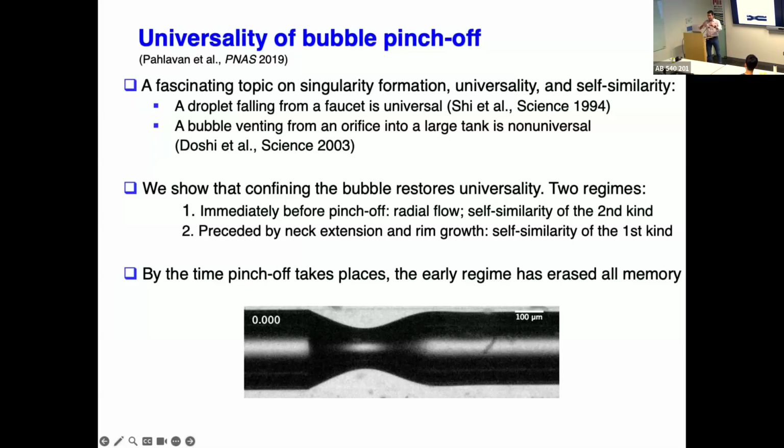This process of pinch-off undergoes two regimes that mathematicians call self-similarity of the first kind and self-similarity of the second kind. The self-similarity of the second kind is the one that remembers history, so it would lead to a non-universal pinch-off process. But because that is preceded by a regime of self-similarity of the first kind, which forgets the history and is independent of the initial conditions, all the history is forgotten by the time you get to the second regime.